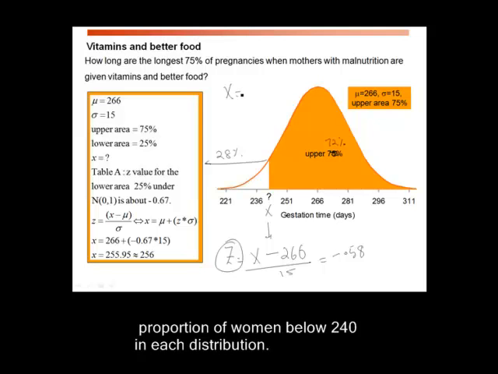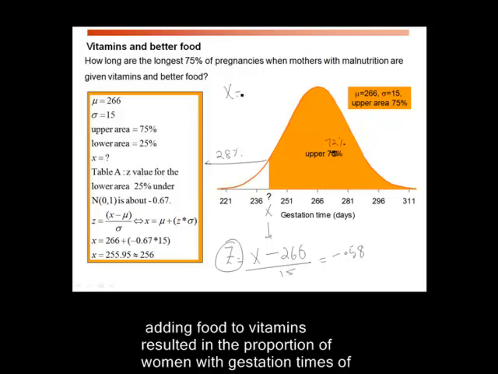Oh, before you even calculate it, can I ask you the following? How many standard deviations is the value of x from the mean? What is the z-score? 0.58.